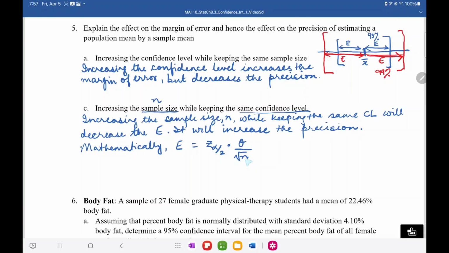What happens when we increase the value of the denominator? Here, n is the sample size, correct? So in any fraction, when we increase the value of the denominator, the quotient becomes smaller, correct? So let me work this on the side.